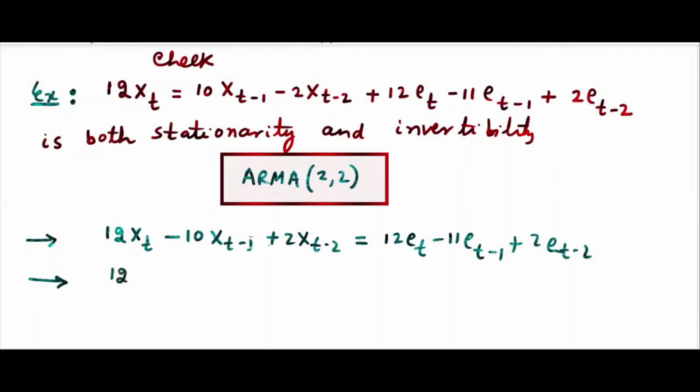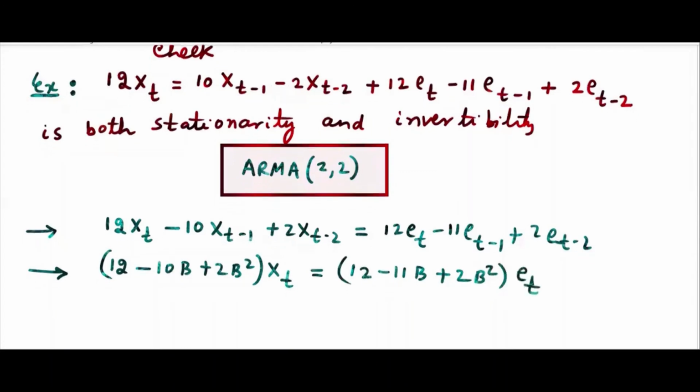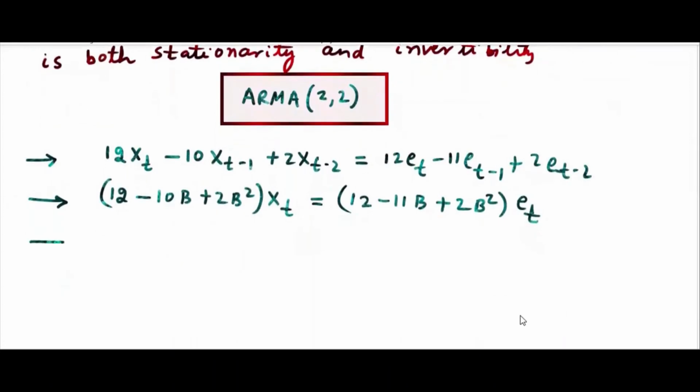It will be 12 minus 10b plus 2b square xt this side, and here 12 minus 11b plus 2b square et.